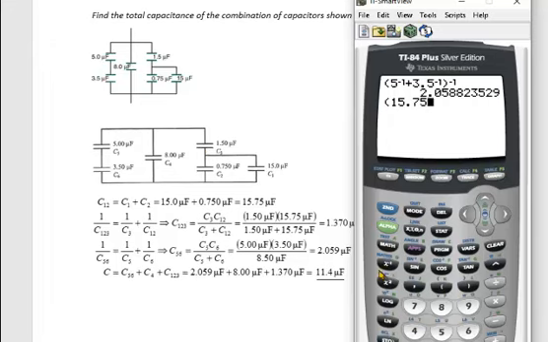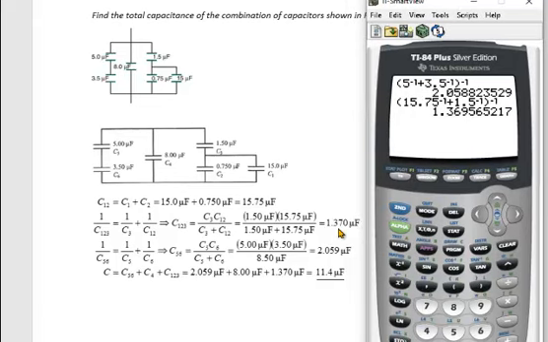So 15.75 to the negative 1 plus 1.5 to the negative 1, parentheses, and again to the negative 1, and it's 1.37, which is what they're listing right here. So that's the one on the right-hand side. The other result I had a moment ago is the one on the left-hand side. And then, of course, I still have the middle one, which I didn't do anything with.